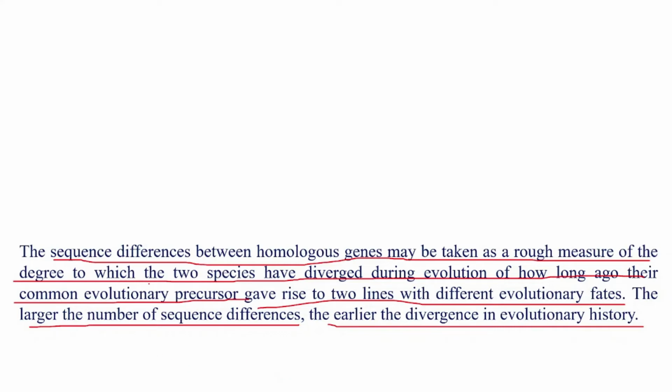So, by knowing about the sequence differences between the homologous genes, whether the difference is like 30%, 40%, 50%, 60%, or 90%, we can have a rough idea to which degree these two species have diverged during evolution, how long ago the two species diverged from a common evolutionary precursor.